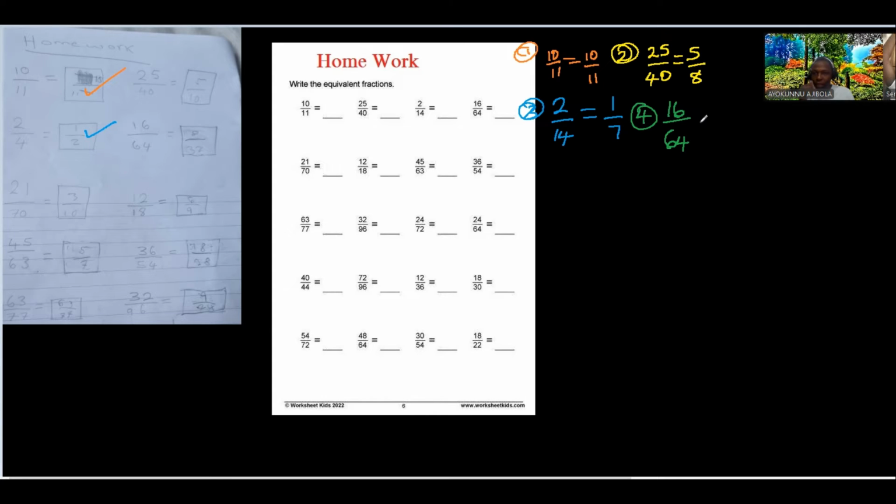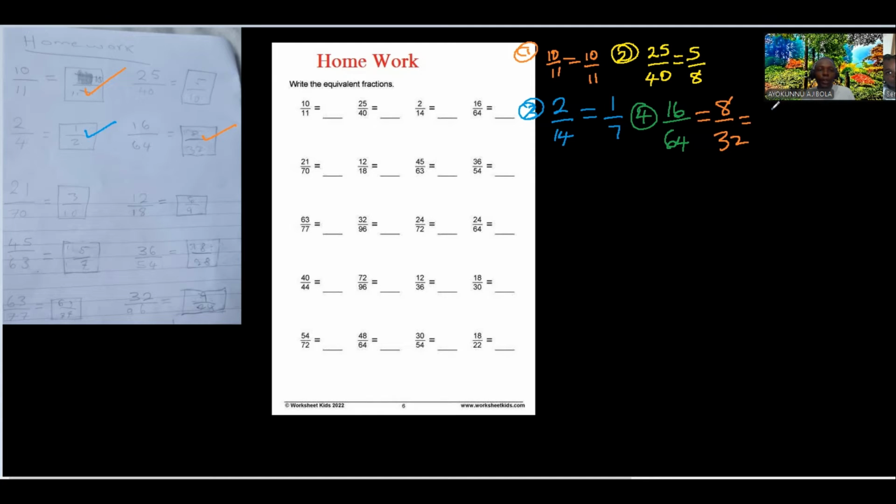If we use 2, we have 8 and we have 32, which is your answer, but that's not in the lowest term. So you can still take it further by using 2 again.